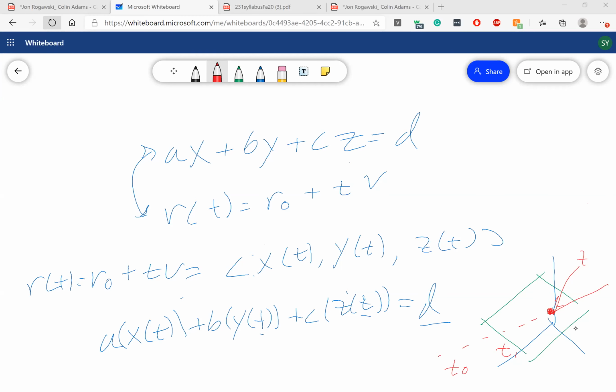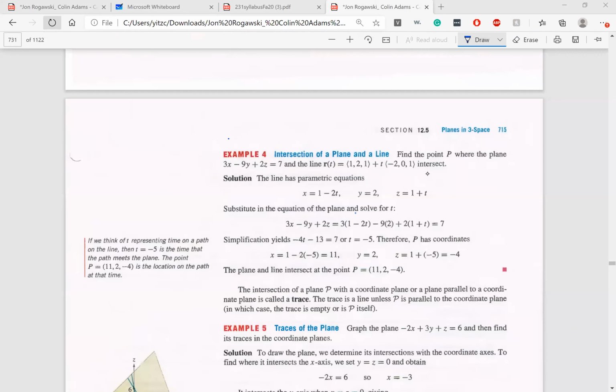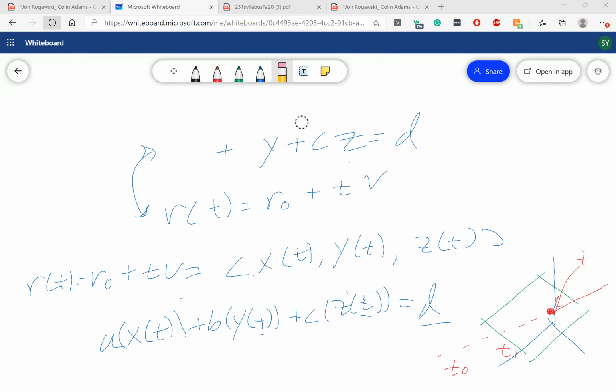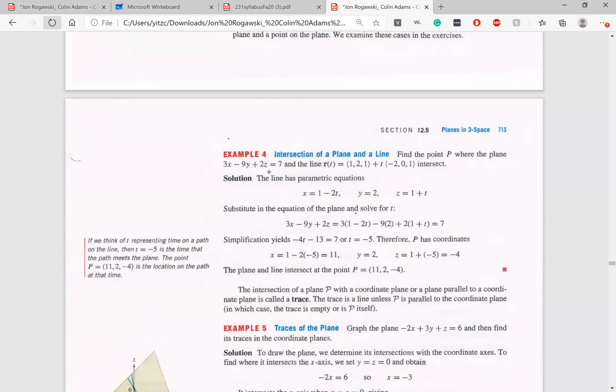Okay, so let's see. They're going to give us a problem. They want us to find where this line and this plane intersect. The plane is 3x minus 9y plus 2z is equal to 7.